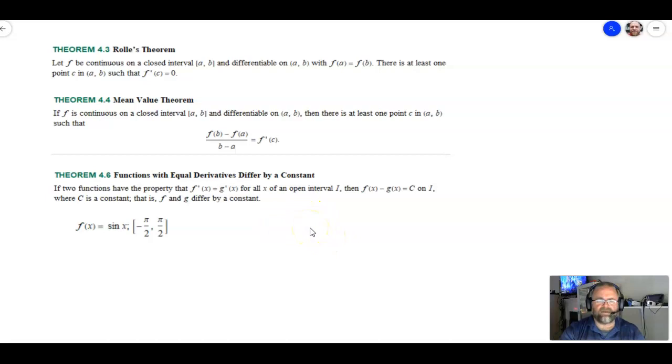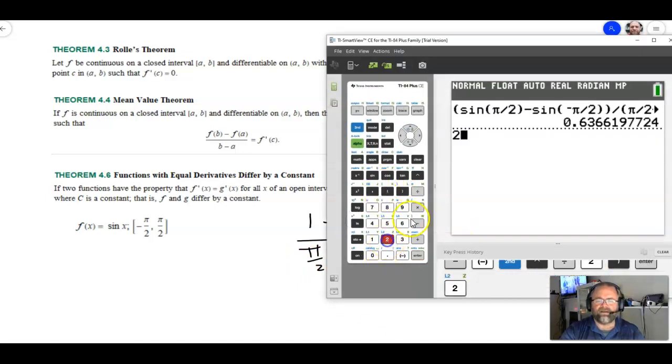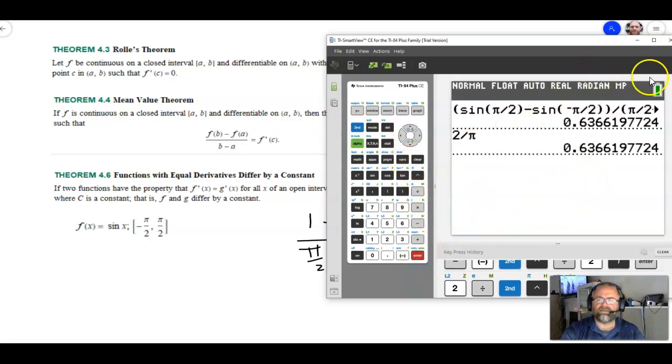The sine of pi over 2 is 1, minus the sine of negative pi over 2, negative 1, all over pi over 2 minus a negative pi over 2. This is going to be 2 over pi over 2 plus pi over 2, which is just going to be pi. So 2 divided by pi. Let me make sure that's the same value there. 2 divided by pi. We should get the same decimal approximation, which we do.